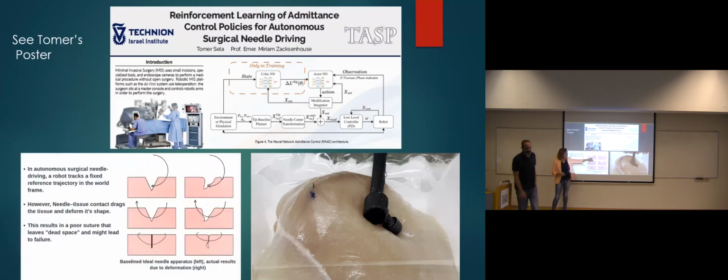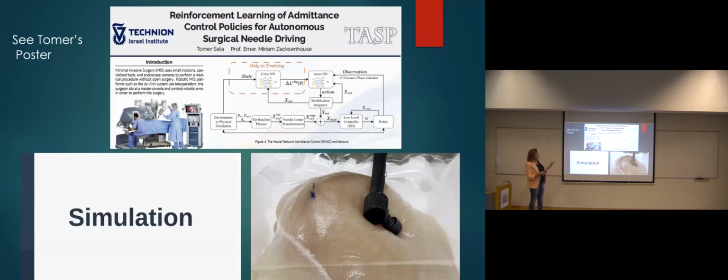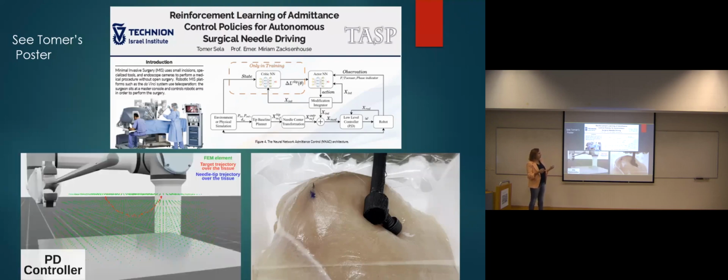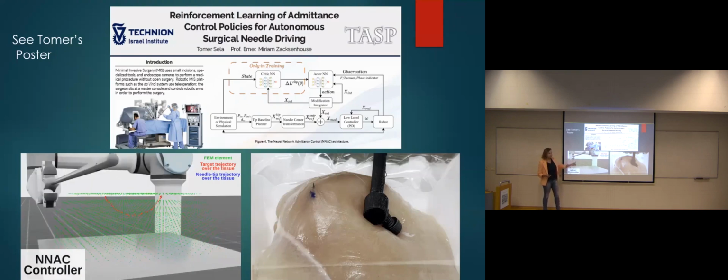Ideally what we want to do is to have the needle going into the tissue without deformation. I mean, the tissue will be deformed, but we want the needle to follow the deformation. So this is the trajectory that we want to go. This is a standard PD controller, and we see that it didn't follow the trajectory.